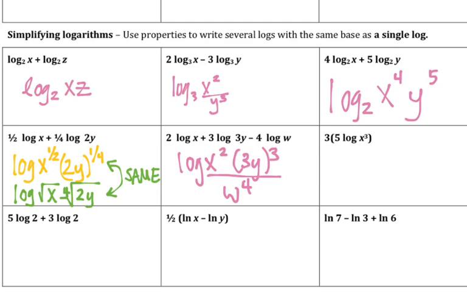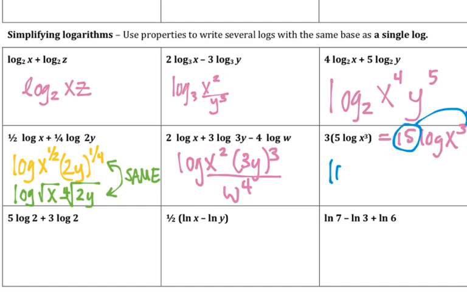In the next one, there's a couple ways to do it. The 3 that's out there right now is just 3 times 5. So you could rewrite this as 15 log of x cubed first if you wanted to. That's what it means when it's multiplied like that. And then you can take that 15 and make it into a power.